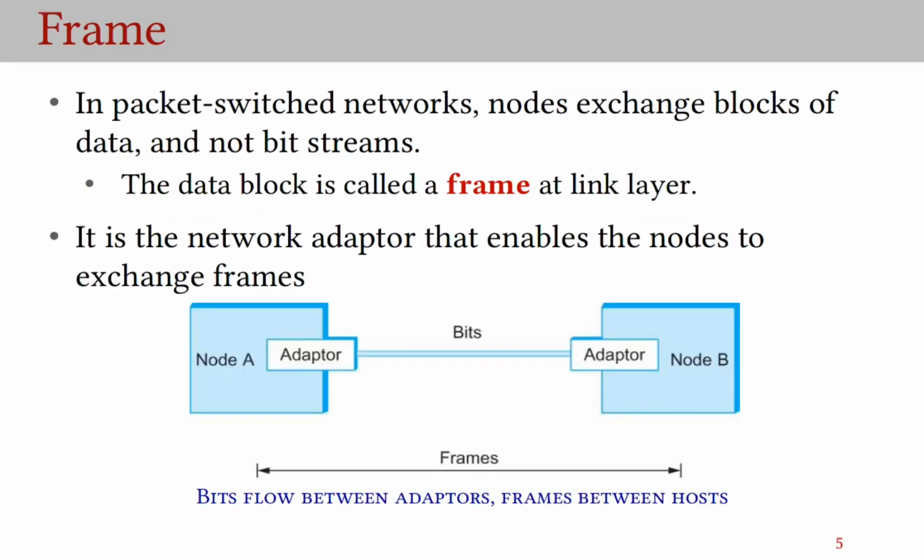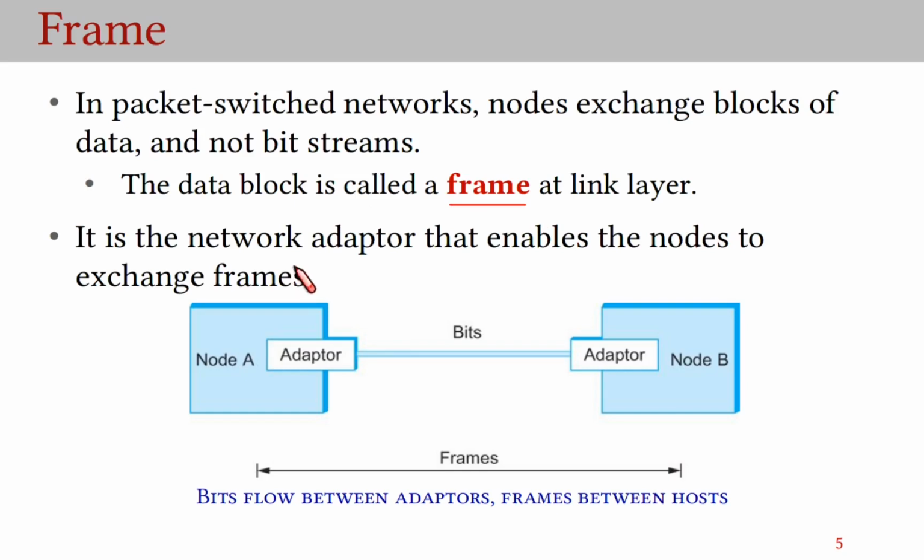Although physical links carry bit streams, in packet-switched networks, nodes exchange blocks of data and not bit streams. The block of data at link layer is called frame.